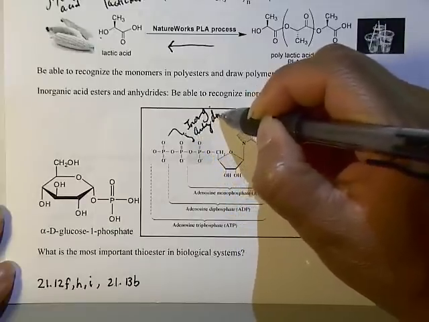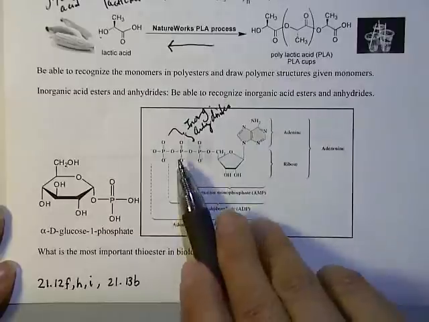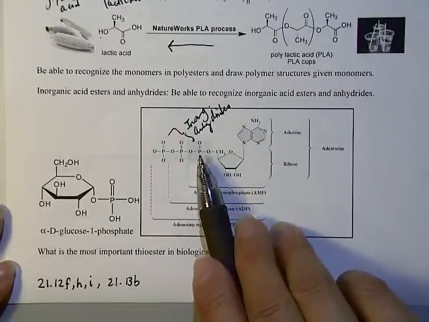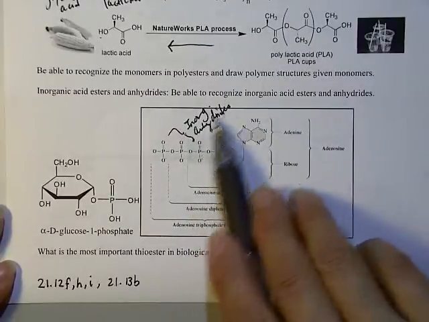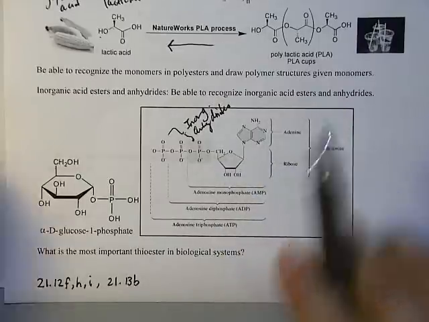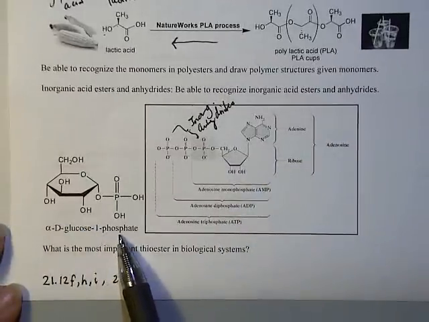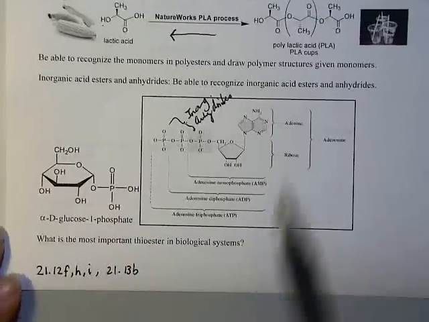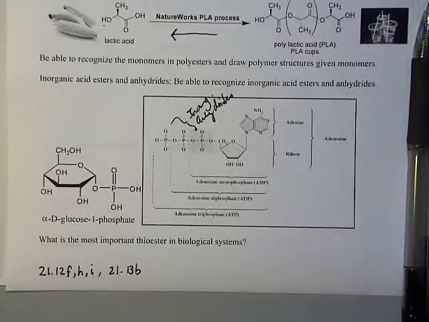I just want you to be able to recognize that it doesn't have to be just carbons in order to be esters and anhydrides. You could have inorganic stuff as well. And then this is an alpha-D-glucose 1-phosphate, so here's another inorganic ester as well. I'm going to stop here and finish in the next lecture, so I don't run out of time.